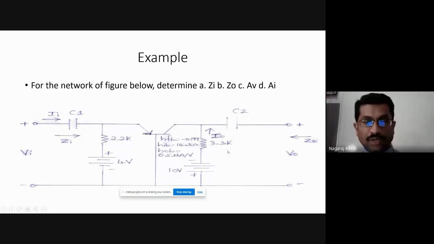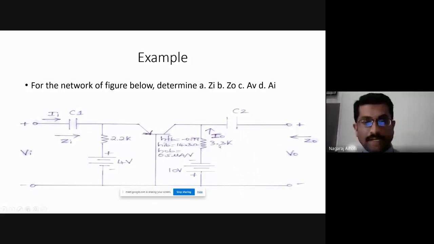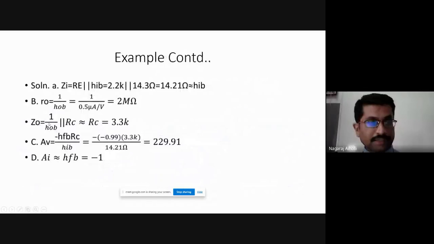Ro is 1 upon hob, which we have already calculated as 1 divided by 0.5 microampere per volt, that is 2 mega ohm. So 2 mega ohm parallel with RC. That is what I have written here. You can just check this equation: Zo is equal to 1 upon hob parallel RC.